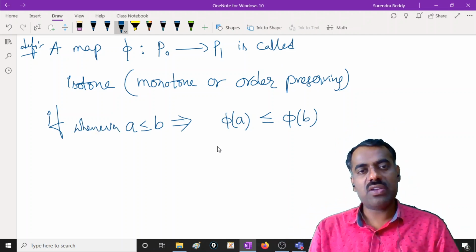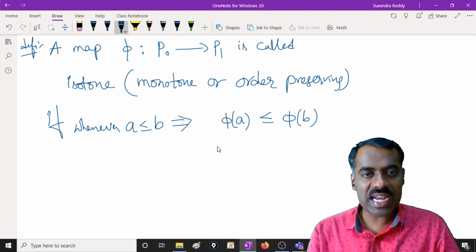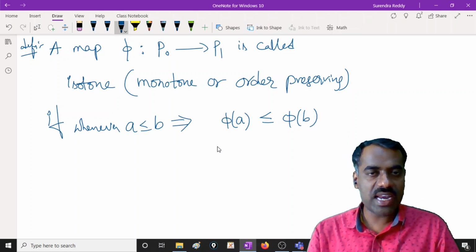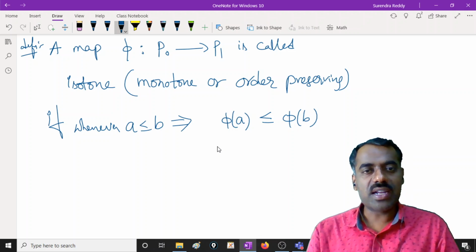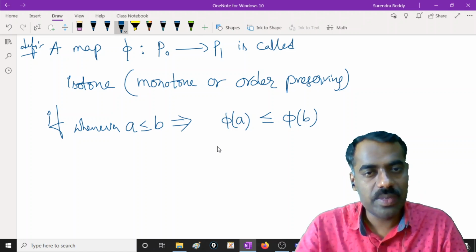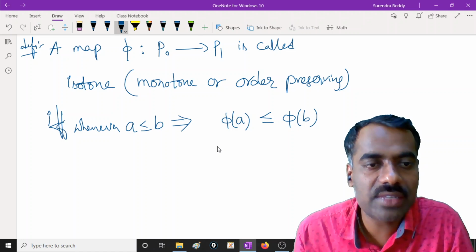If they have a partial order relation, then that ordering should be preserved here also. That means phi of A should be less than or equal to phi of B. Is this clear?